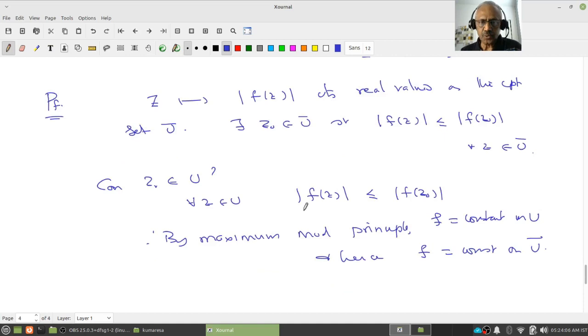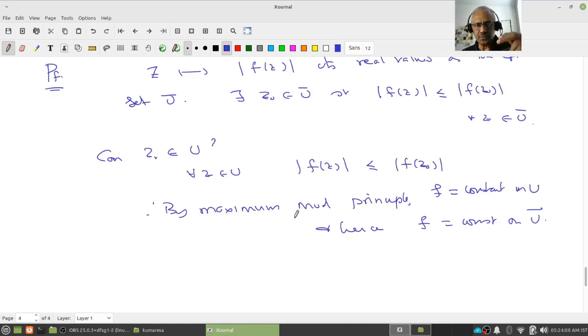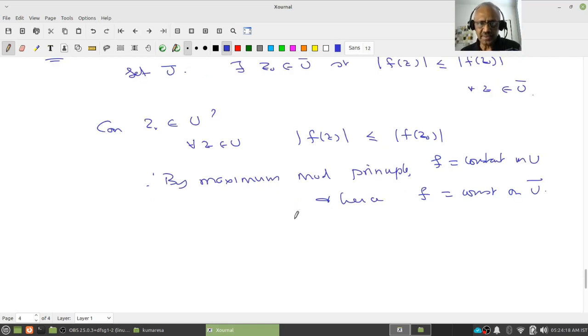Because if z belongs to U closure, there is a sequence z_n from U so that z_n converges to z. But f is continuous, therefore f(z_n) will converge to f(z). But f(z_n) are all constant, therefore f is constant. Is the proof clear?